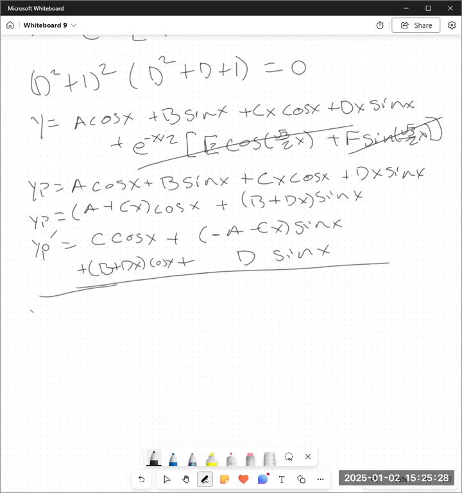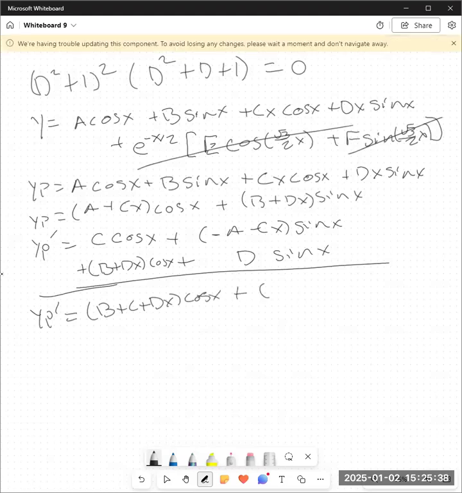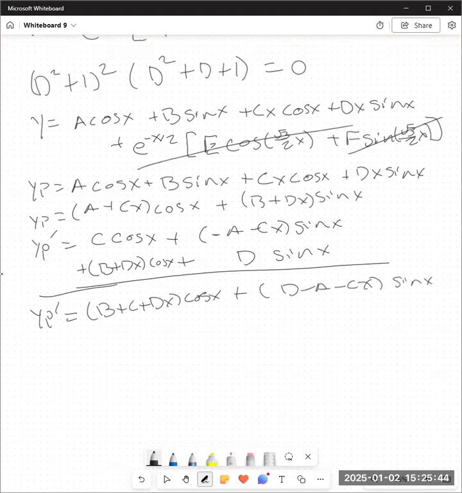So that makes yp prime equal to B plus C plus Dx cosine of x plus D minus A minus Cx sine of x.